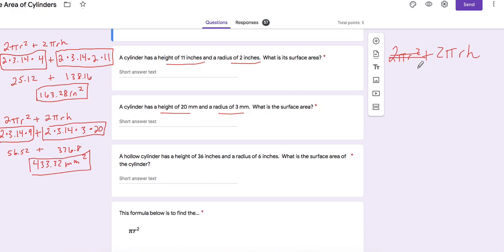We multiply that by 2 because normally in a cylinder we have a top and a bottom, but in this case we don't. We just have this part, so that's 2 times 3.14 times the radius of 6 times the height of 36. Grab a calculator, multiply that out. We get 1,356.48 millimeters squared.